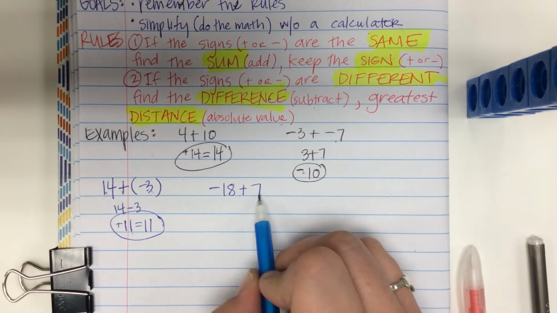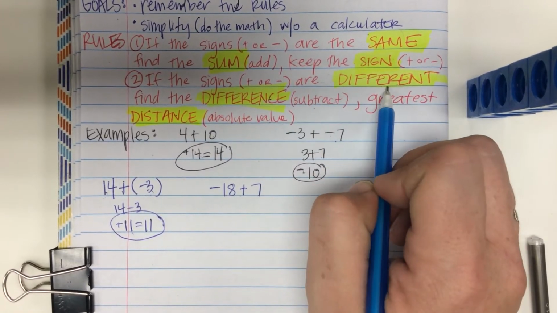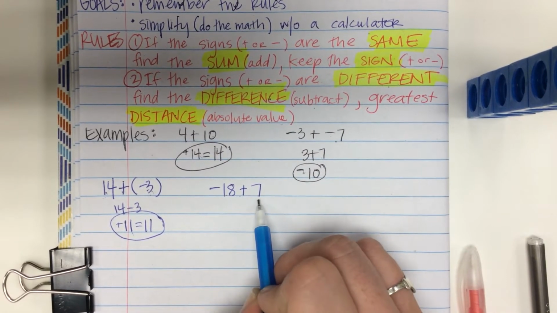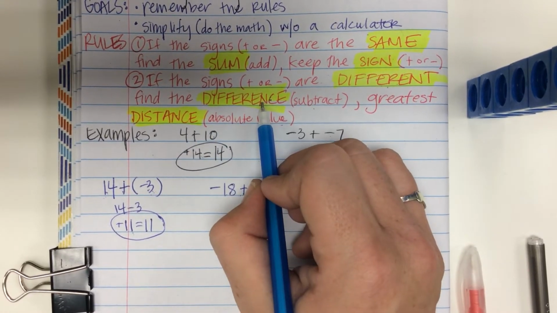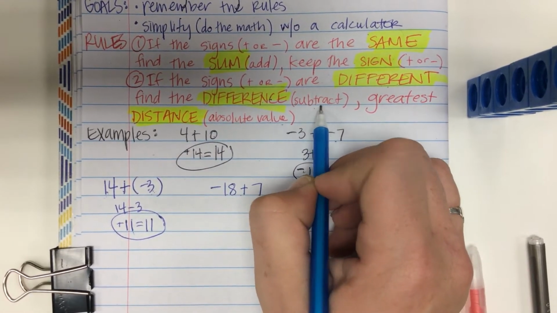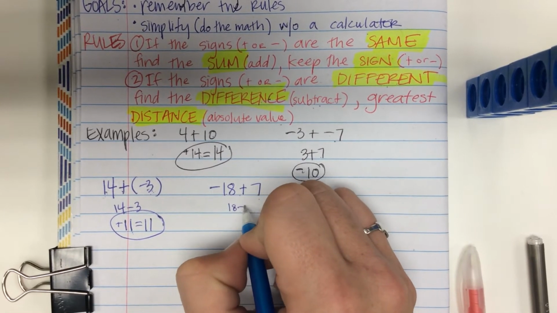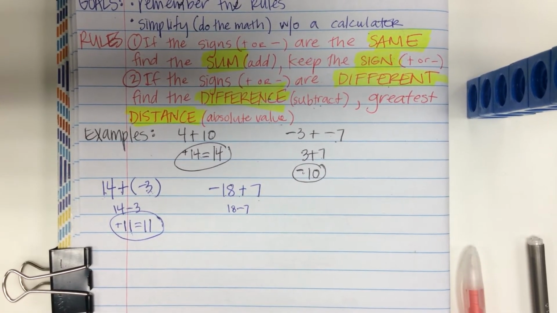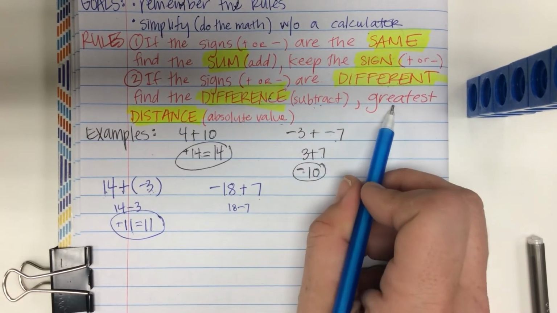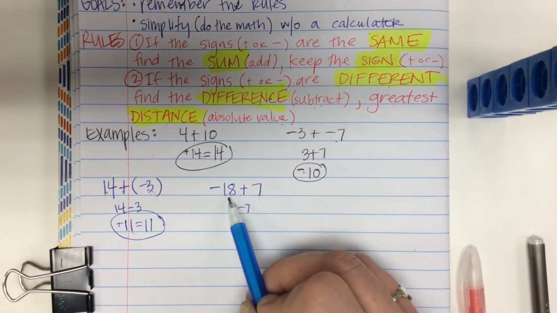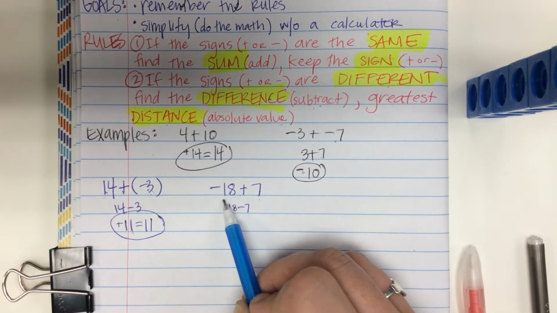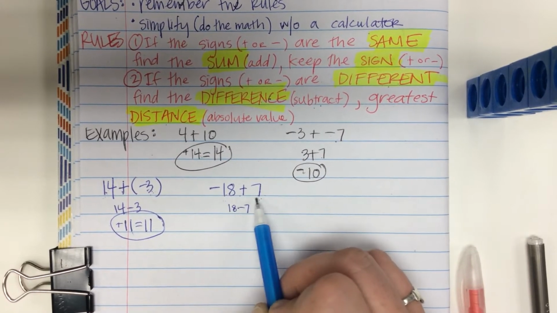Negative 18 plus 7. The signs are different. This is negative, this is positive. Find the difference, meaning I'm going to subtract. 18 minus 7. Greatest distance. Which one of these values has a greater distance from 0, a greater absolute value?